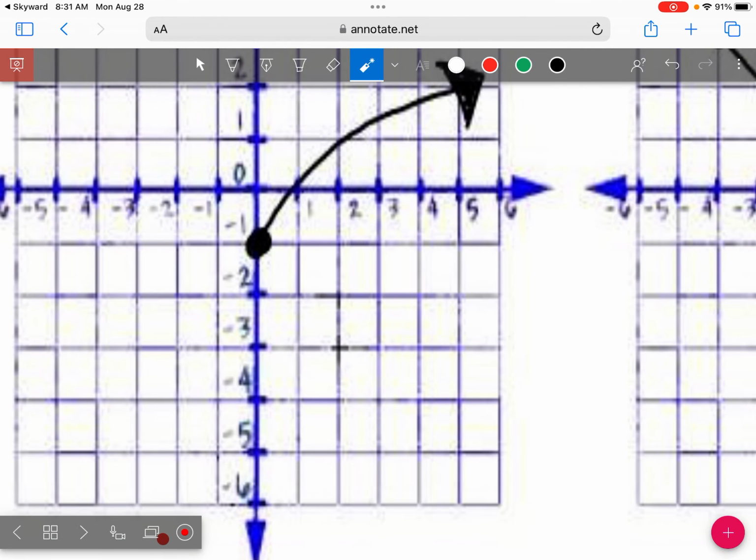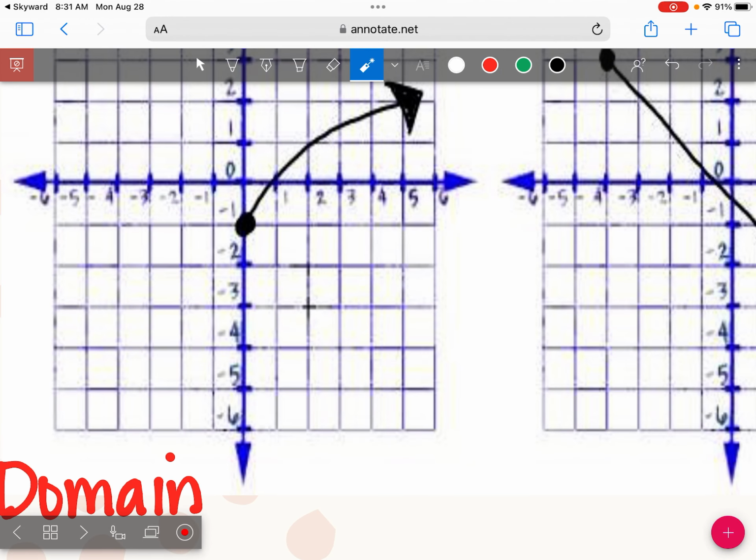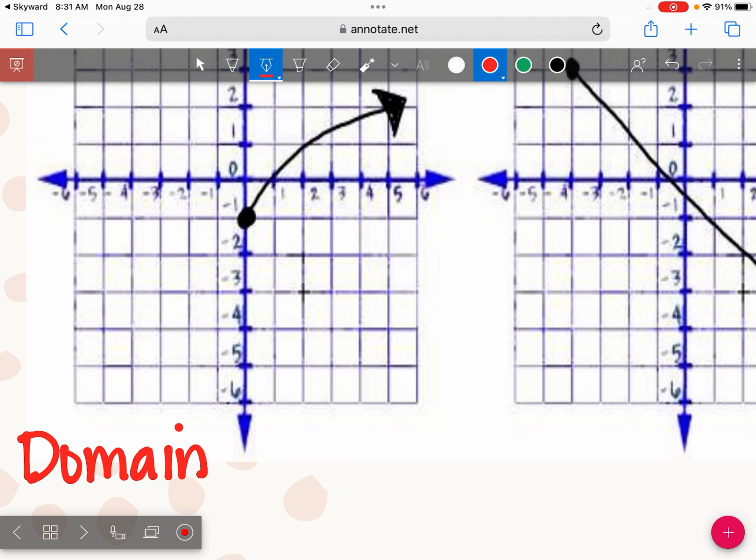What is the x value of this point here? The x value? 0. So that means that the domain of this graph starts at 0. And then it has an arrow that points to the right. So that means it's going towards infinity. Now, because this is a closed circle, 0 gets a bracket. So my domain would be bracket 0 to infinity.